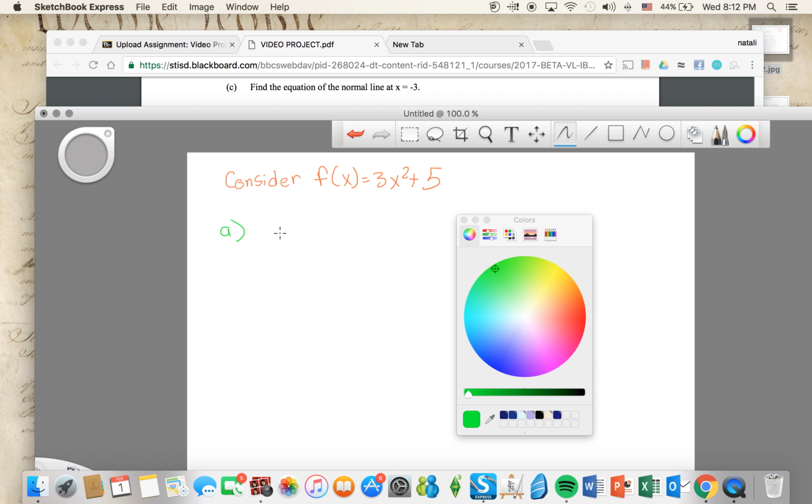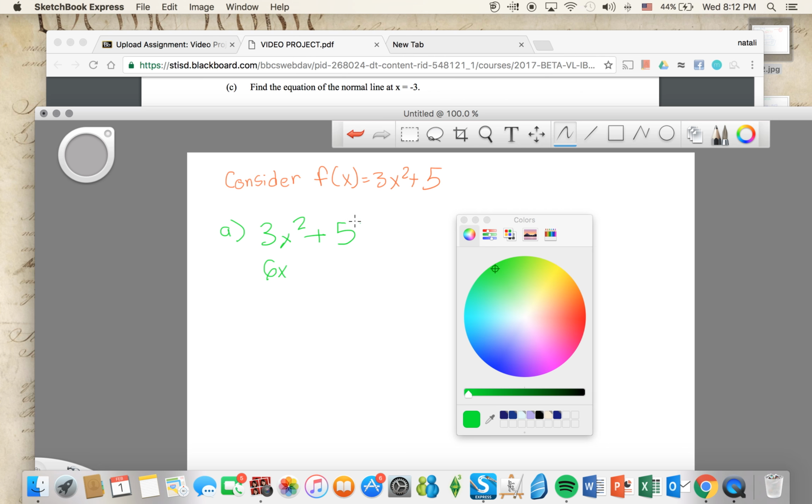In order to find the derivative, it's easy. You just go 3x to the power 2 plus 5, and you go 3 times 2, well, that equals 6. You put the x, and usually you're supposed to subtract 1, and you are here, but because 2 minus 1 equals 1, we're going to end up just putting nothing, because it is assumed that it is just to the power of 1.